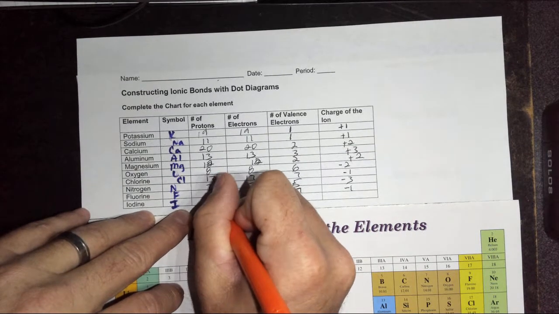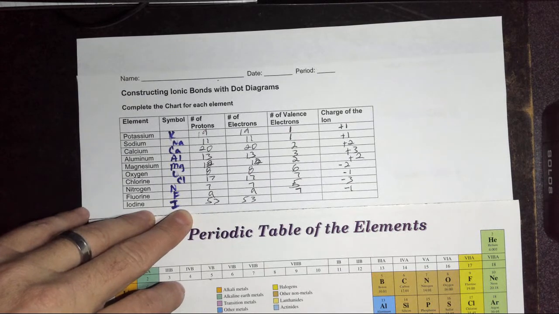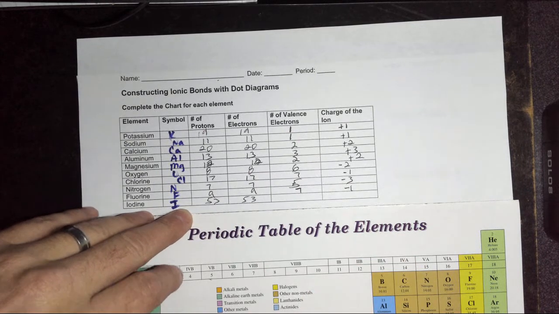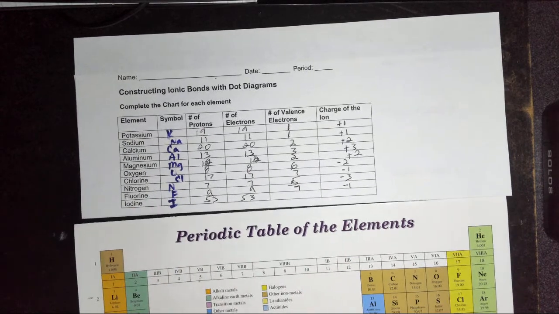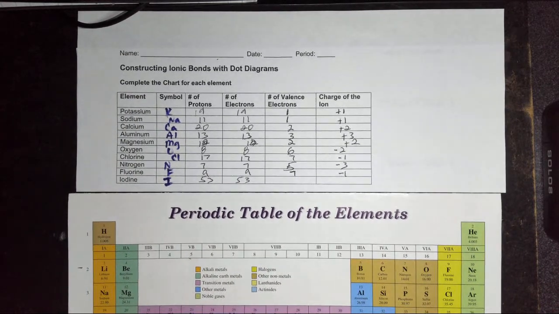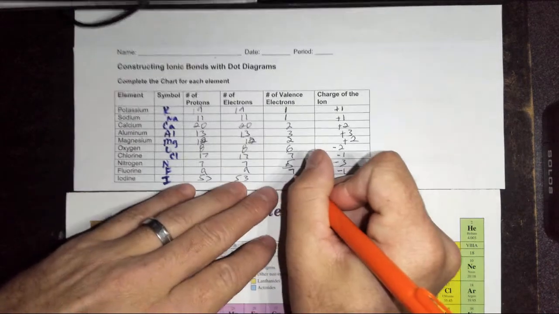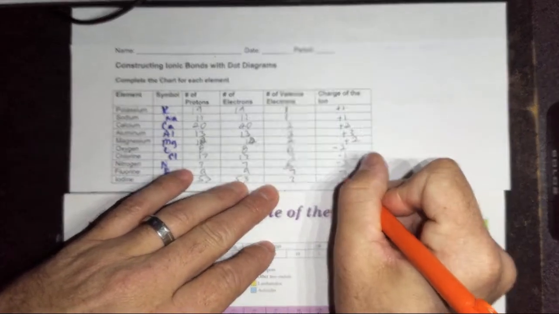Iodine is 53 protons, 53 electrons. It's going to be in group 17, so all you have to do is subtract 10 from that group 17 number to get your valence electrons, or you can just count the s's and p's as well to get that. So it's going to have 7 valence electrons. It's going to be a -1.